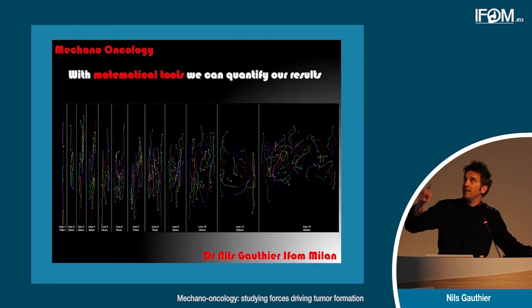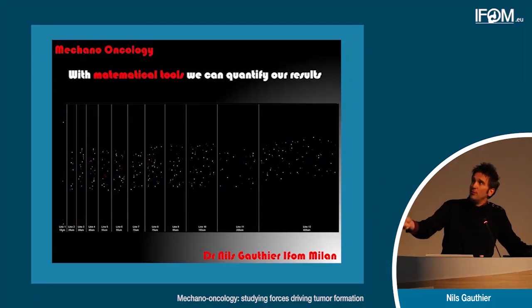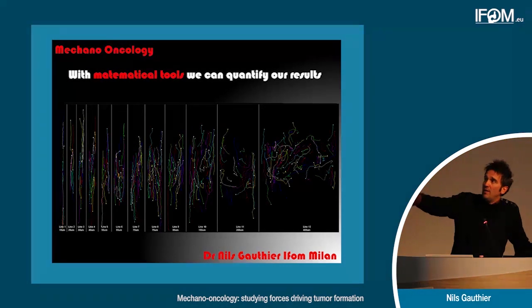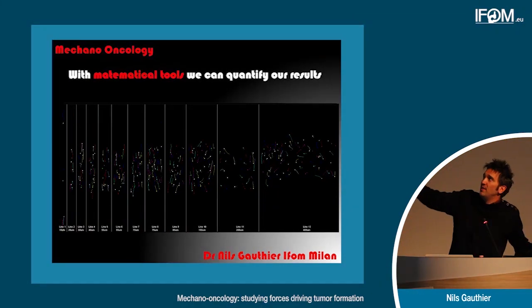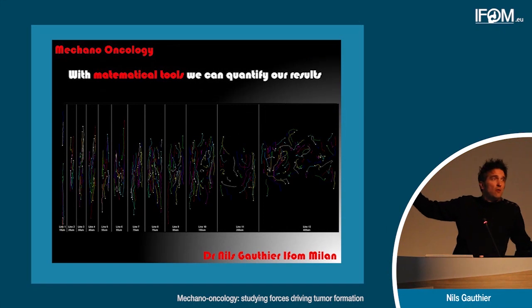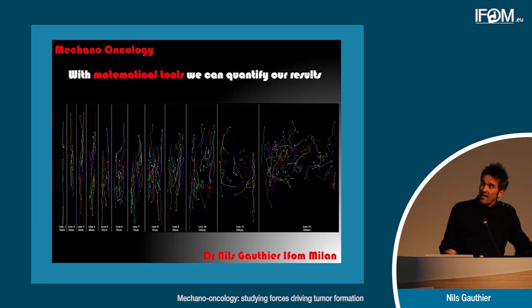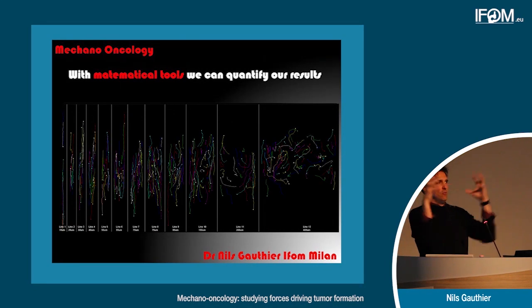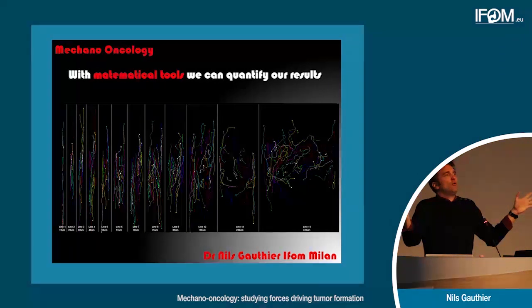You can track each cell, and you can start to see that there are different behaviors. For example, those cells, when they're in small capillary-like structures, go fast and straight. Those cells are more running around. Meaning that when you confine the cell, as I reminded you at the beginning, the tighter you are, the more the cell wants to go away.